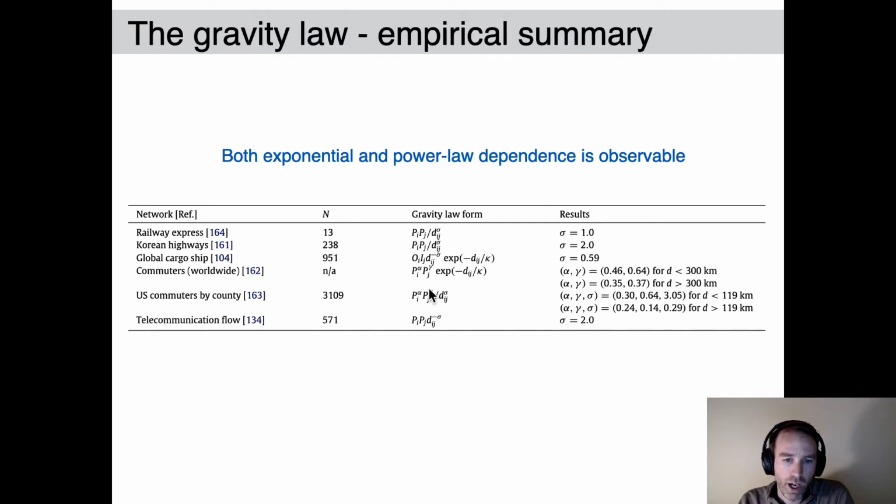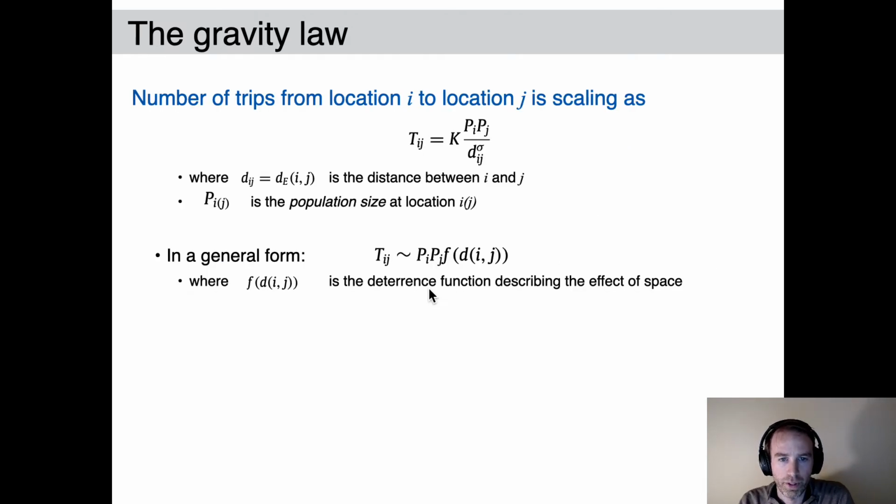So, okay, if we have to add 2, 3 parameters, then maybe it's simpler to just be more generic and to define this gravity law as simply a function of the distance times the product of the populations of the city.